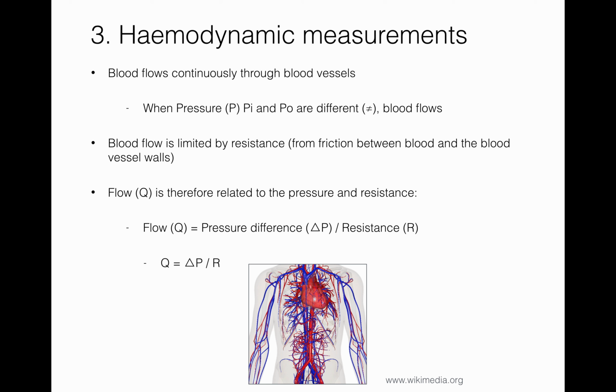However, blood flow is limited by resistance, that is, from the friction between blood and the blood vessel walls. Blood flow, Q, is therefore related to pressure and resistance. Flow, Q, equals the pressure difference divided by resistance.